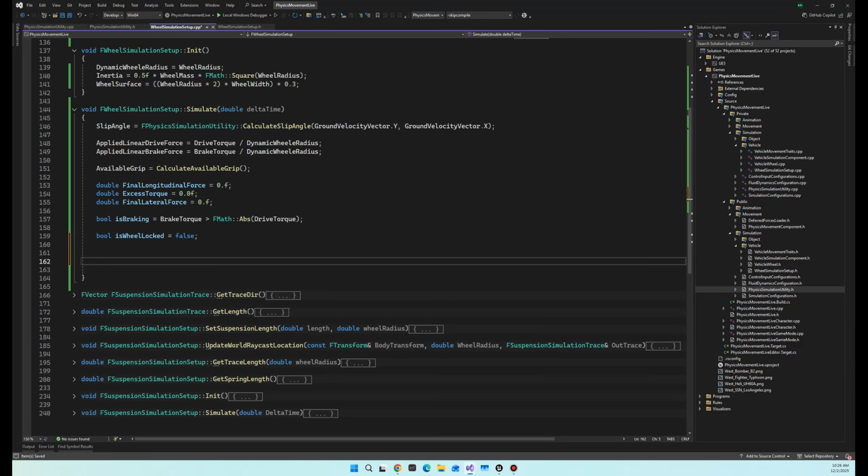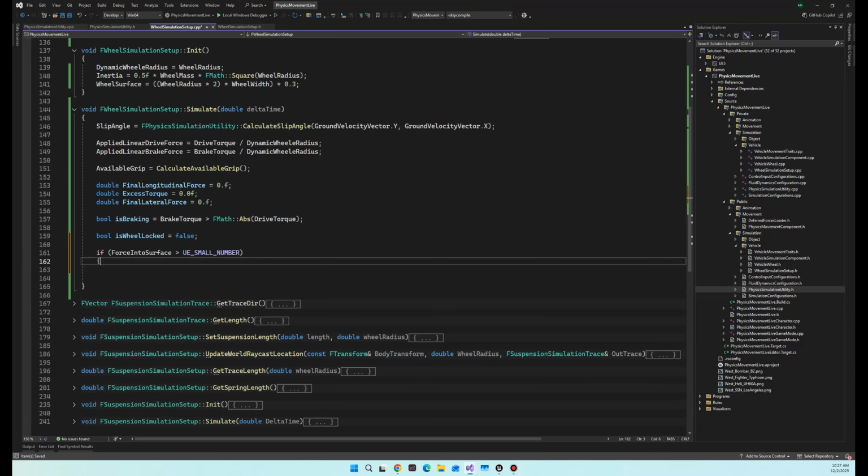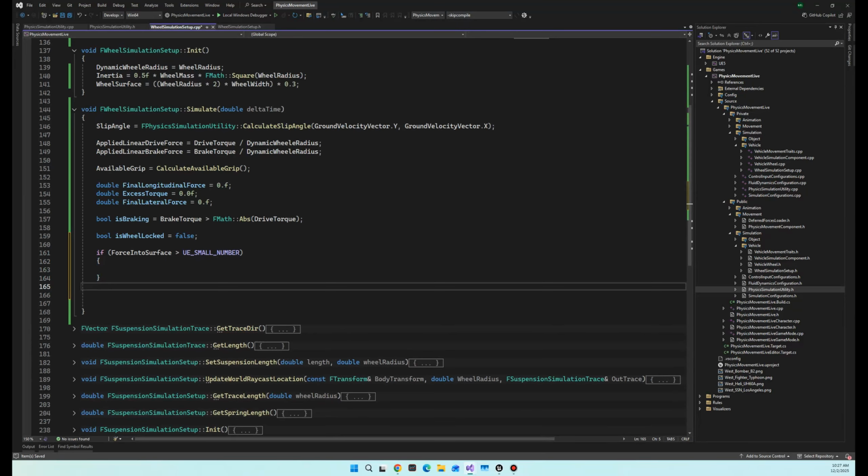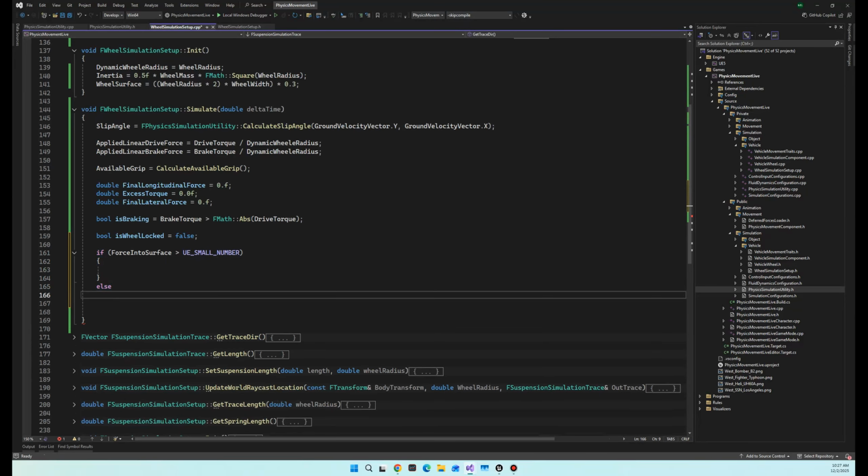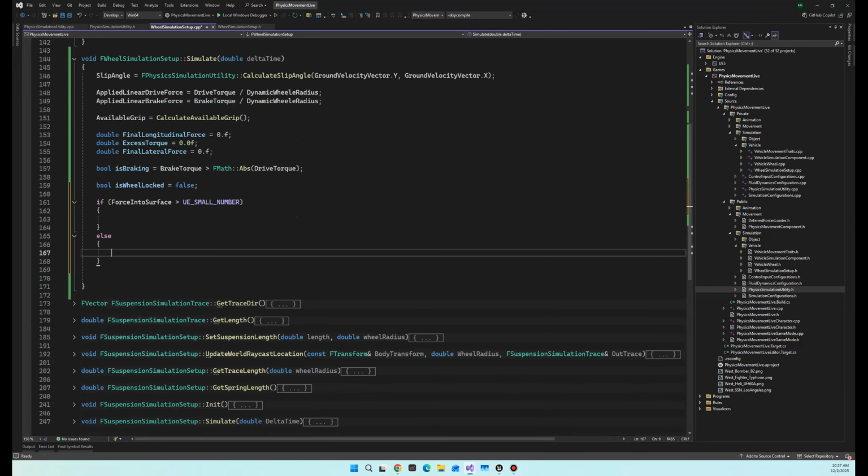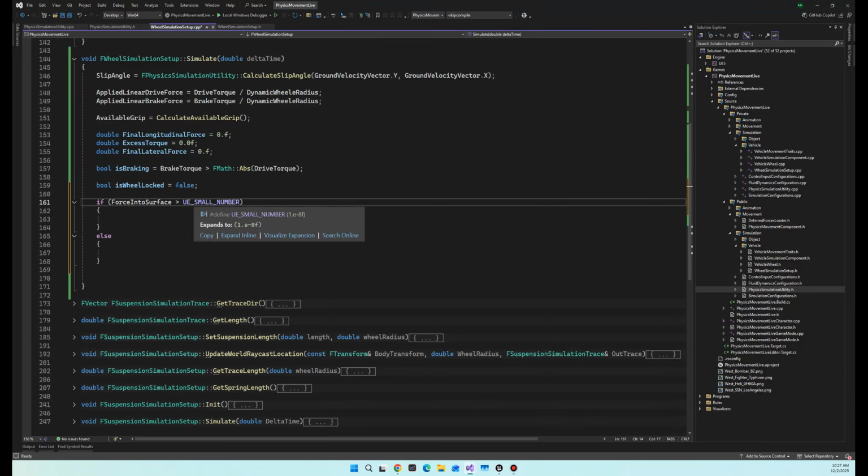Okay, next we are going to be checking the force into surface to figure out how we want to apply our longitudinal and lateral forces. So to do that, let's just set up our if structure. Again, we want to check to see if this is greater than a small number.